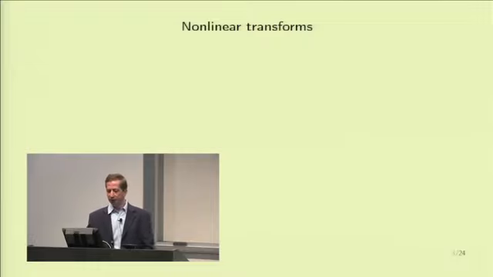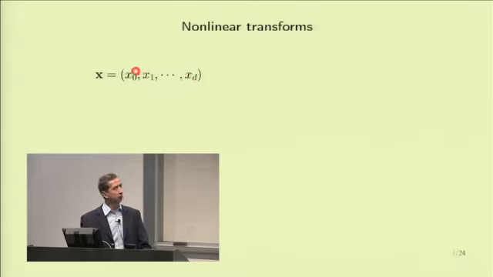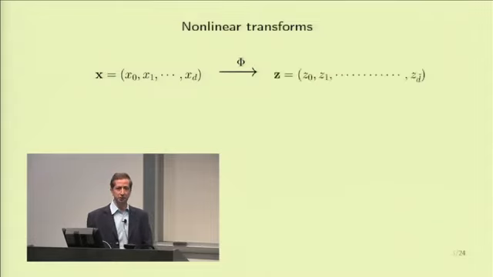OK. Nonlinear transforms. Let's remind ourselves. We were working in an X space, and we had a d-dimensional vector that represents the input, and we added the constant +1 coordinate to take care of the threshold. And now we are going to transform this into another space using a transformation we called phi. This takes us into the Z space or the feature space.